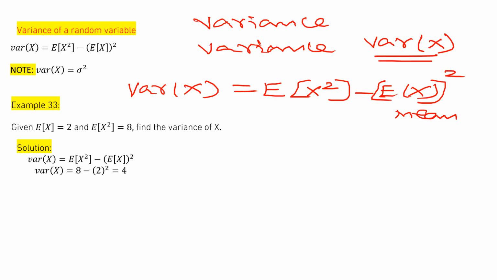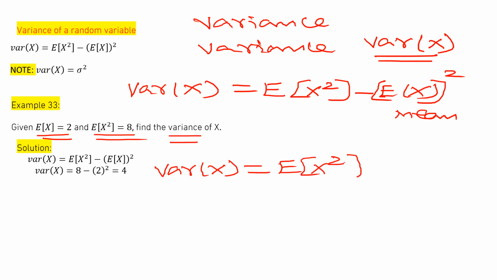Okay, let us discuss this question. Here they have given E of x value equal to 2, and they have given E of x squared equal to 8. Find the variance of x. So it's very simple. You write the formula: variance of x, which is E of x power 2 minus E of x the whole power 2.